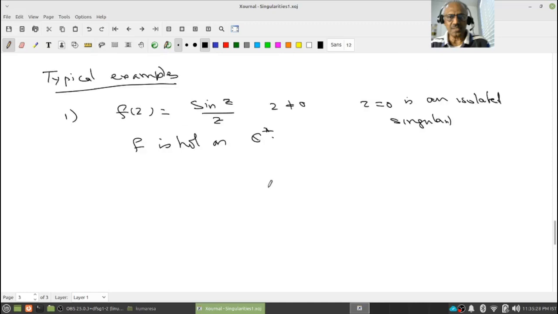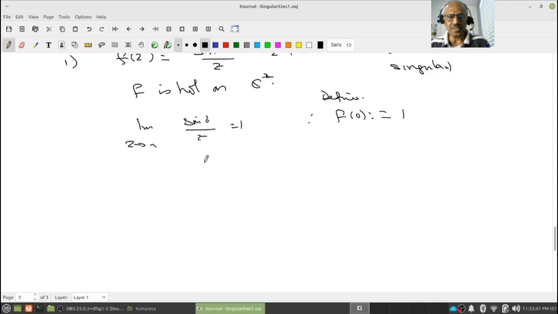But if you remember calculus, you know limit z tends to 0 of sin z by z, you would like to say it's 1, therefore I can define f(0) equal to 1. But you know this only for real numbers, sin x by x, but we are dealing with complex numbers now. So I have to prove that.